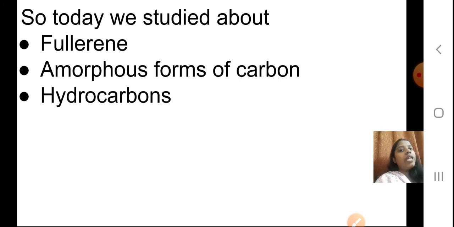And then we saw hydrocarbons, saturated and unsaturated, how the bonds are formed, single bond, double bond and triple bond, and how the name changes. As we saw, propane means a single bond, propene a double bond, and propyne a triple bond between two carbon atoms. I hope today's part is clear to you and you have understood whatever we studied today.